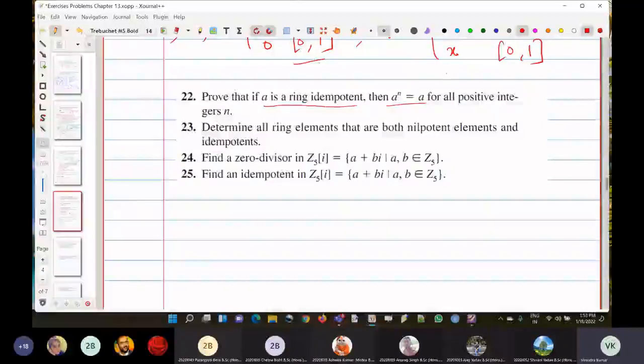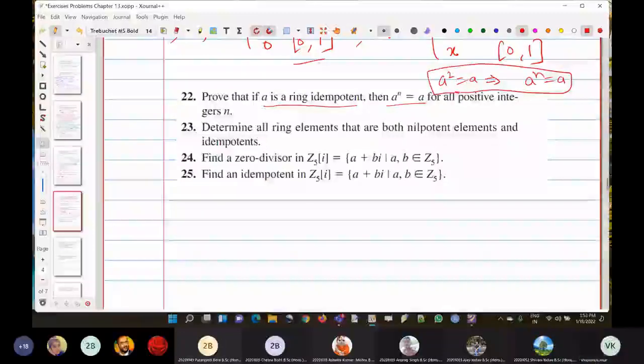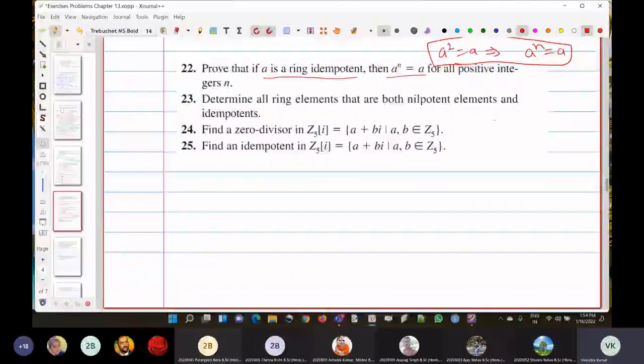They are telling that if a squared equals a, then a to the power n equals a. Very interesting result, no? If a is idempotent in a ring, then we need to prove this. You can use the principle of mathematical induction.